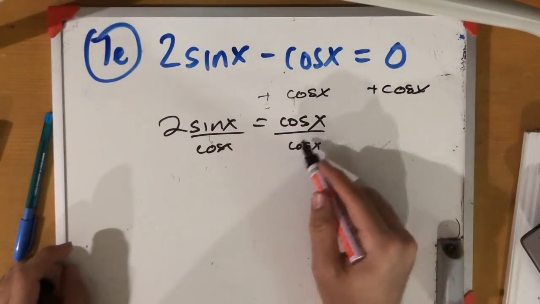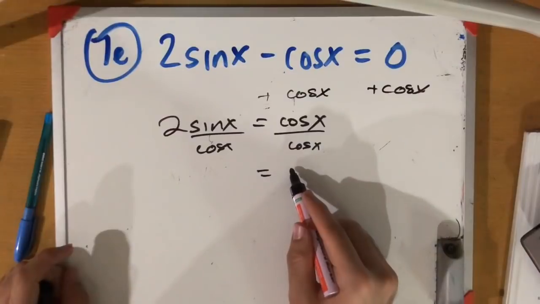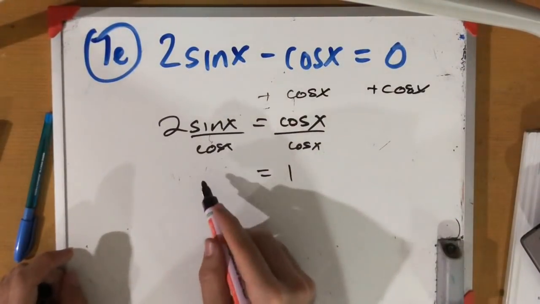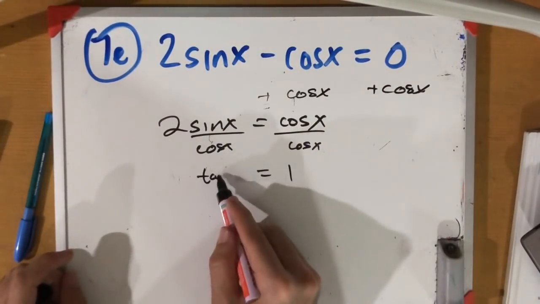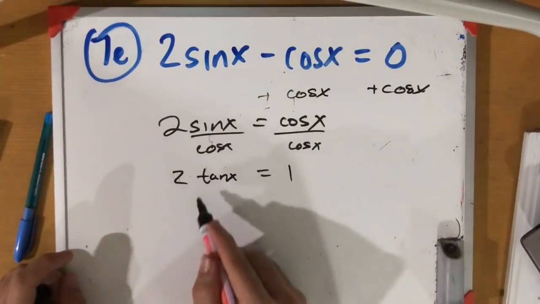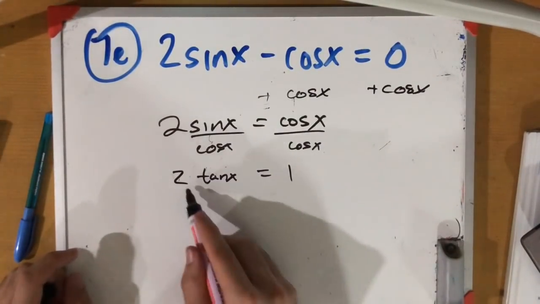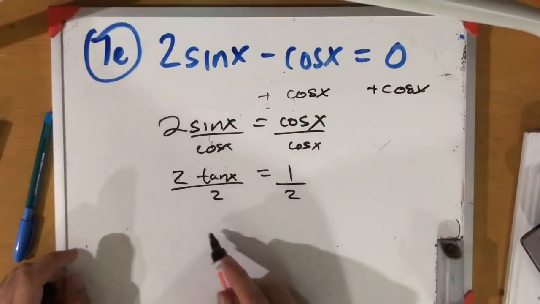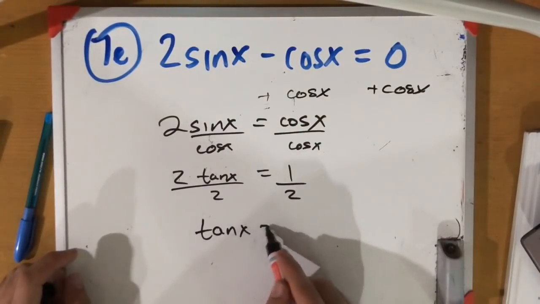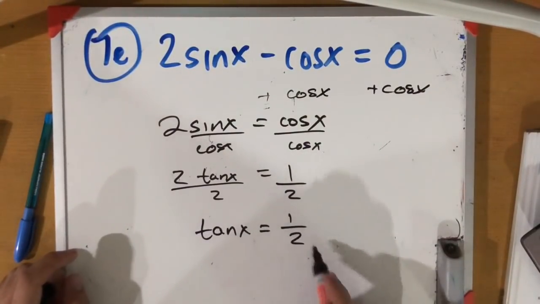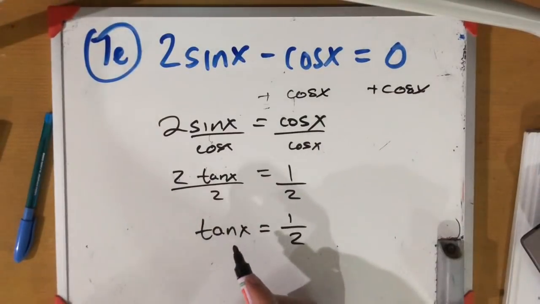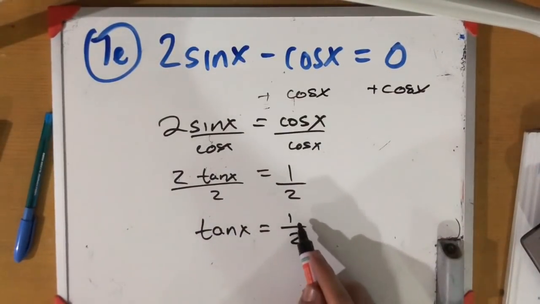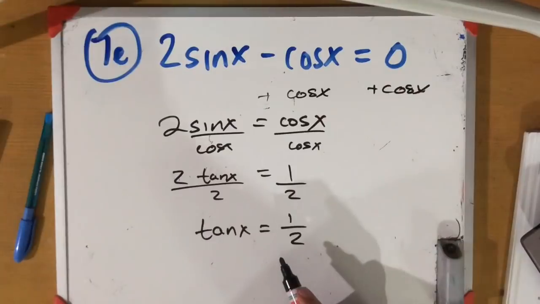So cosine x divided by cosine x is 1. Sine over cosine x is just tan. And we have 2 tan x is equal to 1. So you kind of know where I'm going here. So tan x is equal to 1 over 2.